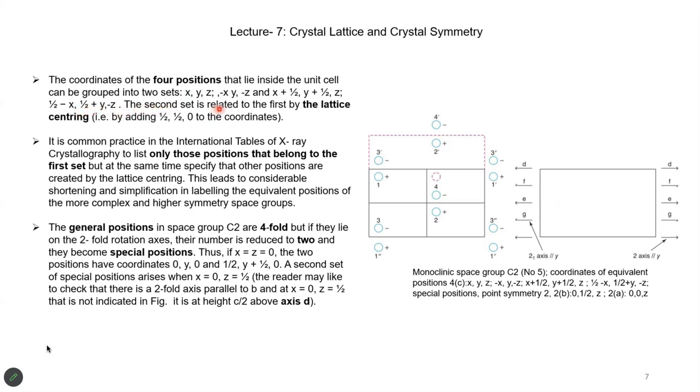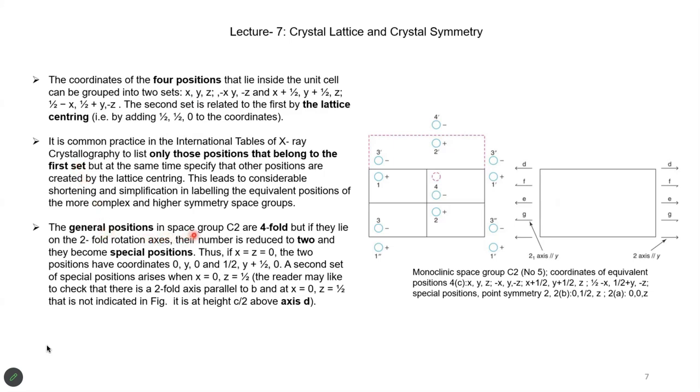The second set is related to the first set by lattice centering, that is, by adding half, half, 0 to the coordinates. It is common practice in the International Tables for X-ray Crystallography to list those positions that belong to the first set. We have said two sets; the first set will be listed in the International Tables.